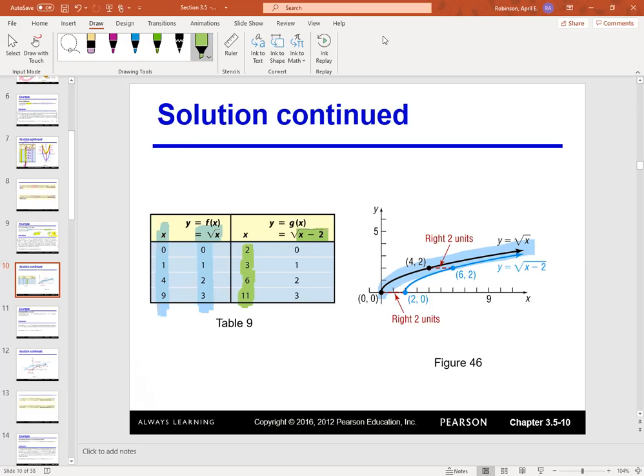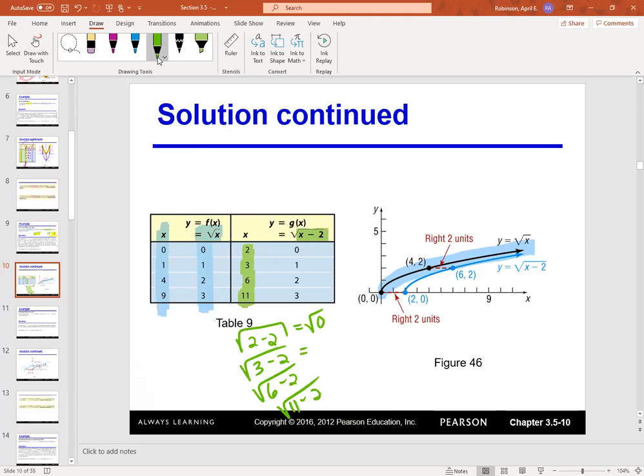So you want to get a 0, a 1, a 4, and a 9, so you can square root it. If you pick 2, 3, 6, and 11, then you're going to have the square root of 2 minus 2, then the square root of 3 minus 2, then the square root of 6 minus 2, and the square root of 11 minus 2.